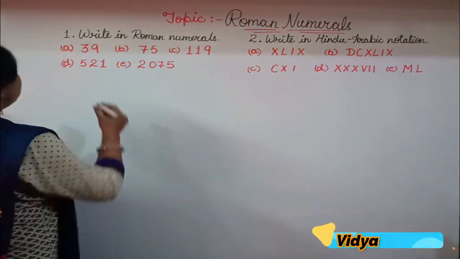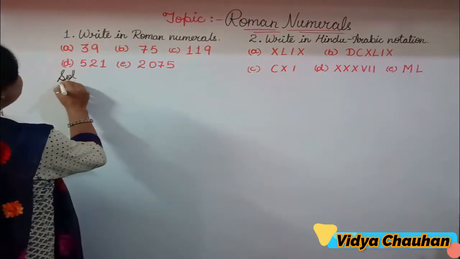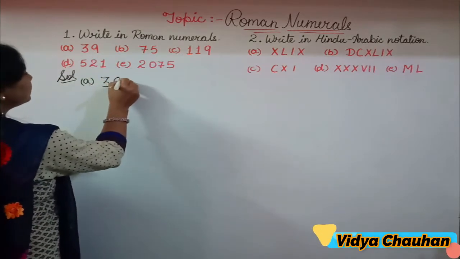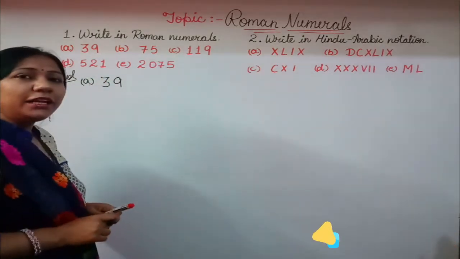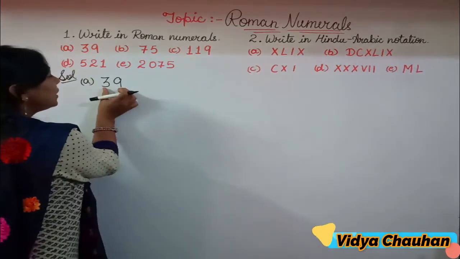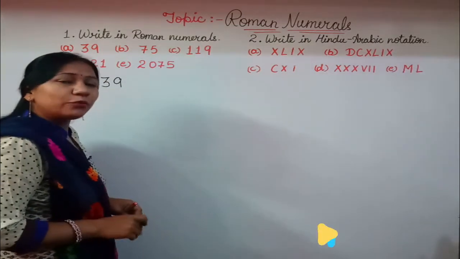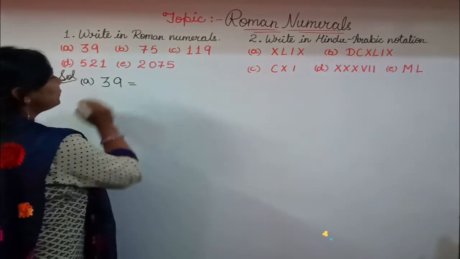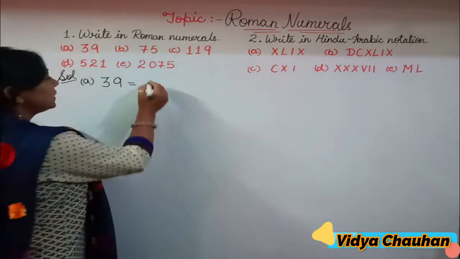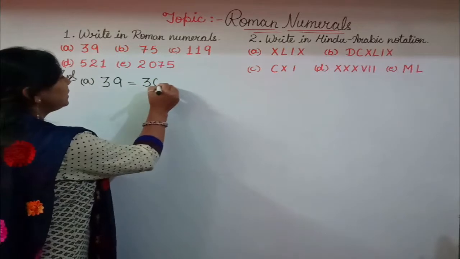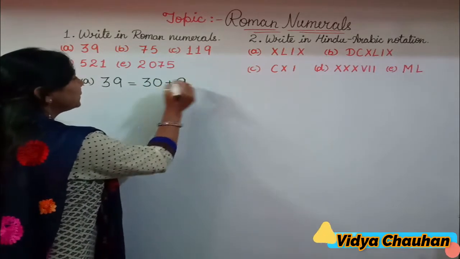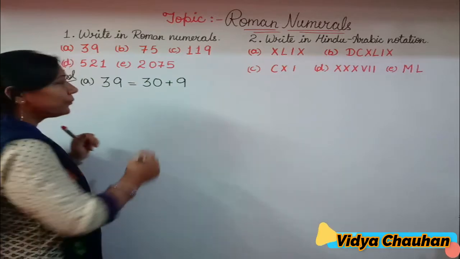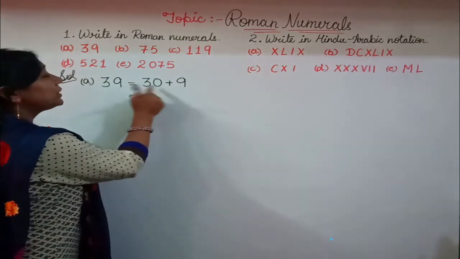Starting the solution one by one for the first part, our number is 39. What is the Roman numeral for 39? As I told you, we will write the expanded form first. 39 can be written as 30 plus 9. Right students? Now, what is the symbol for 30?